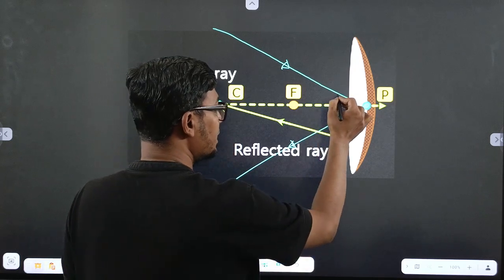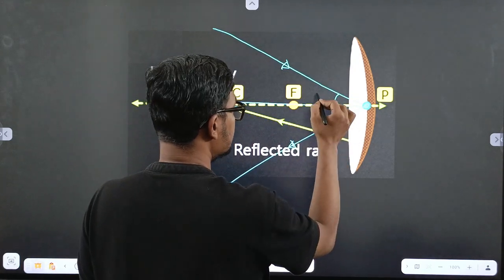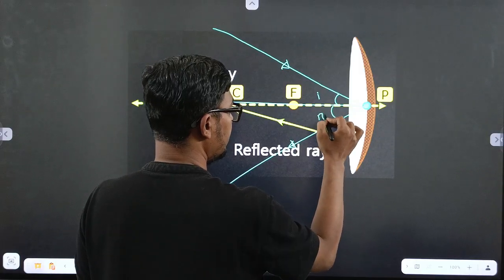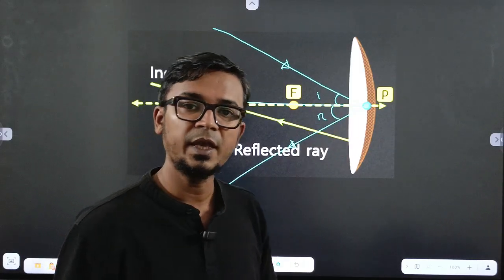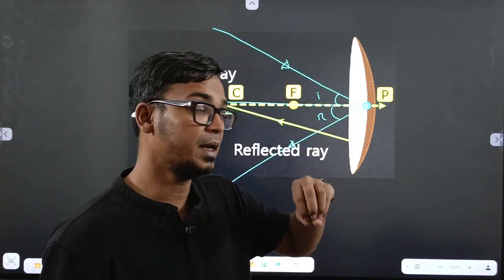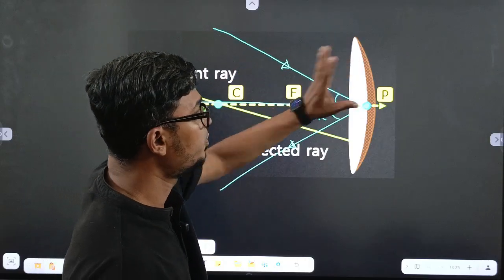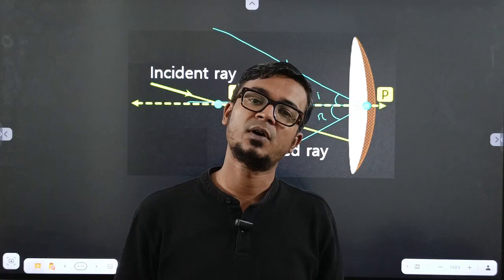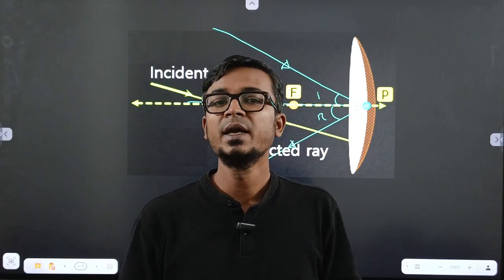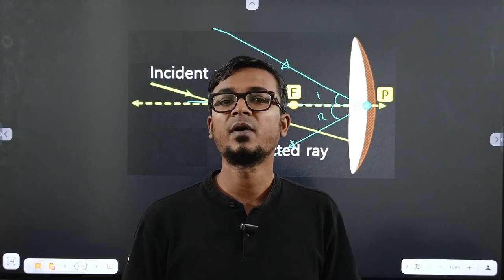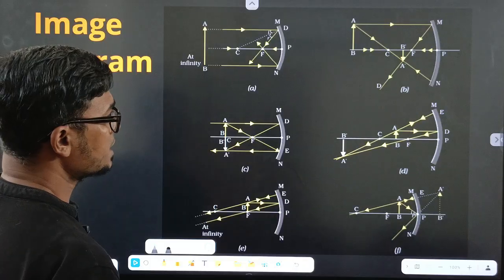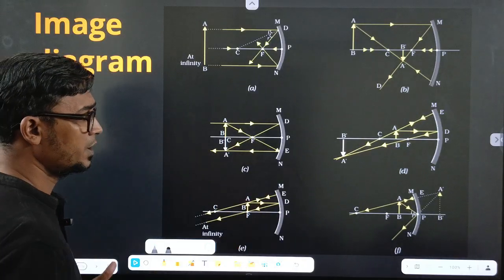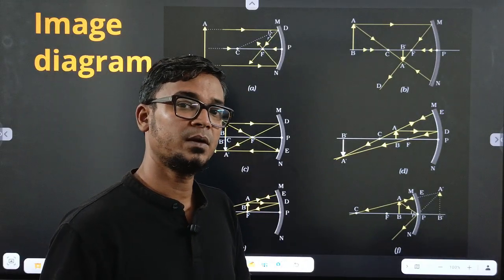So, with this as the principal axis, the incident angle and the reflecting angle will be the same if the incident ray falls on the pole. These are the 4 rules for drawing the image diagram for spherical mirrors. Now we will discuss image formation for spherical mirrors.